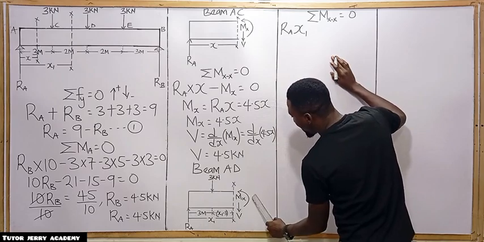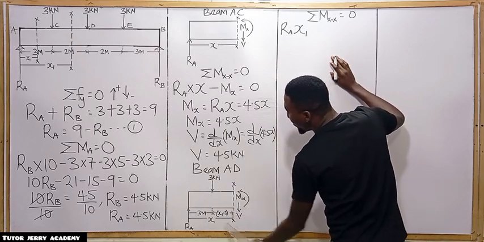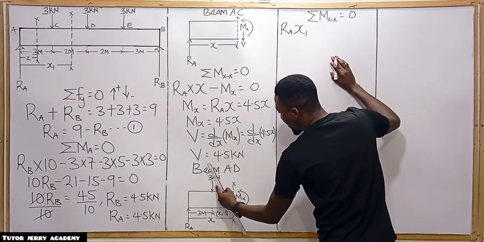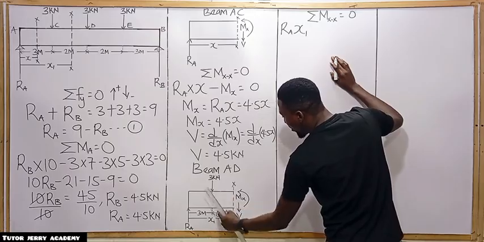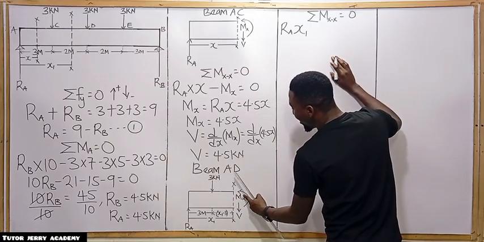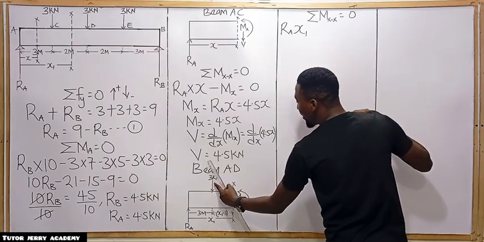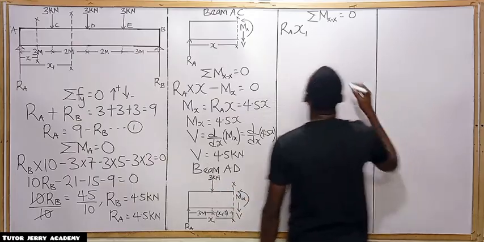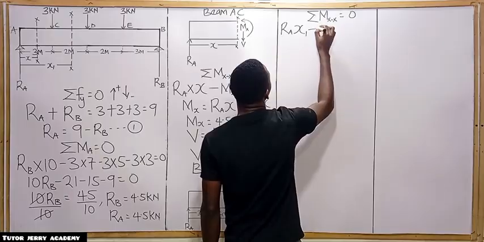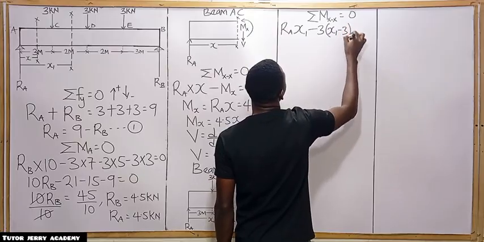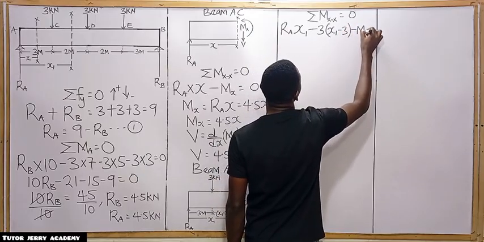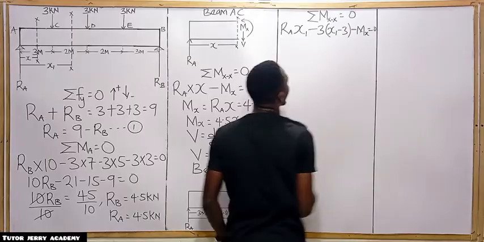This downward force and this moment will be going in the same direction, so the moment produced by the downward force will be negative, and this moment here will also be negative. So it's going to be 3 multiplied by the total distance, negative 3 into S1 minus 3, then minus M subscript S, everything equals 0.